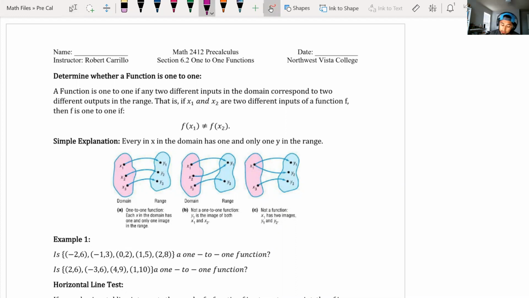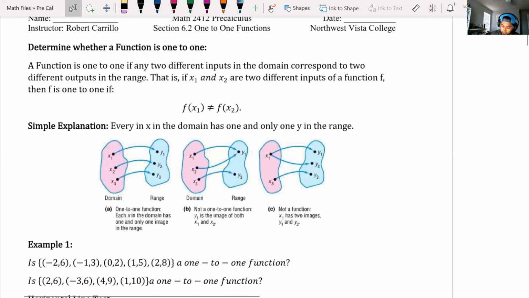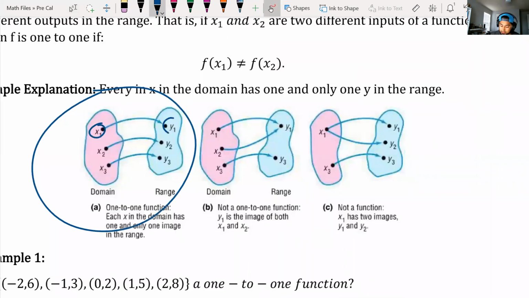So if we look at my little blobs below, the first picture represents a one-to-one function. Every x has its own y value. So every x has one and only one y value.